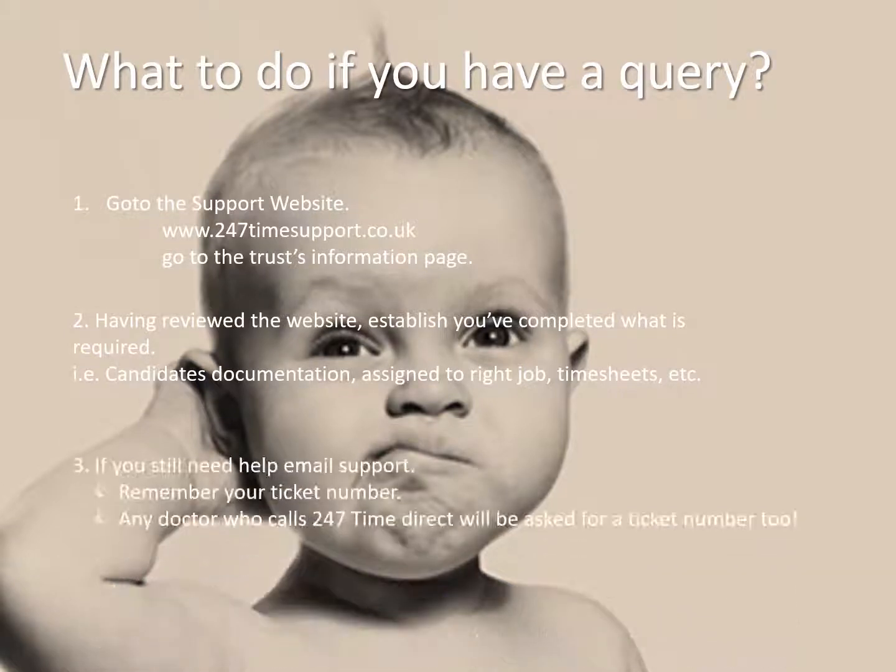And last but not least is, if you're still struggling and you can't find any reason why that candidate has not been paid, and you can see everything is done correctly, then email us and we will then intercede on your behalf and establish why the payments haven't been made.